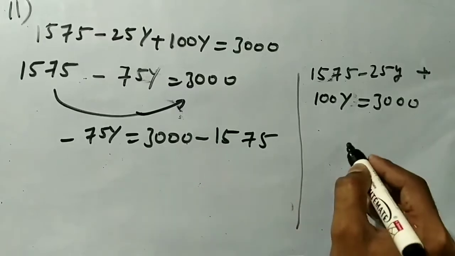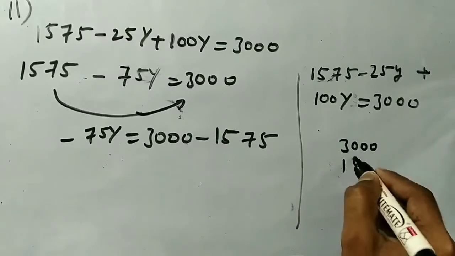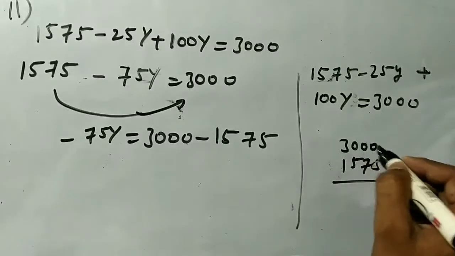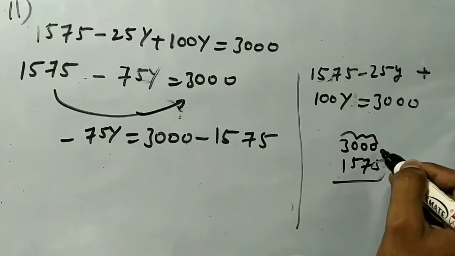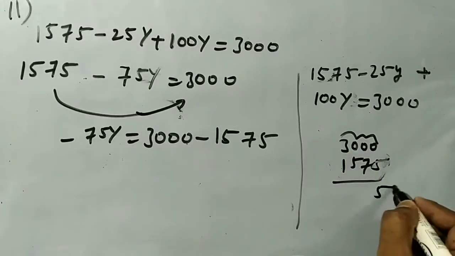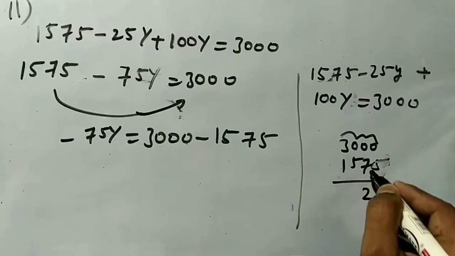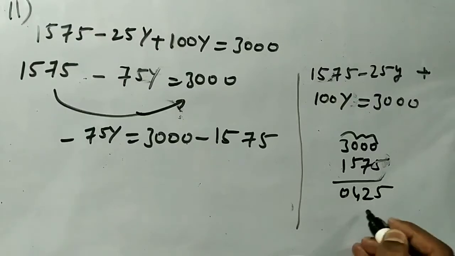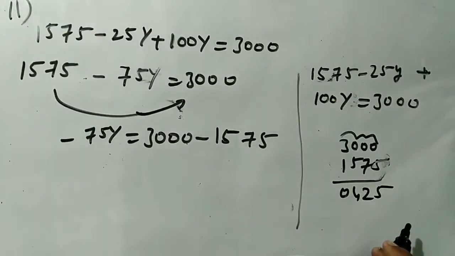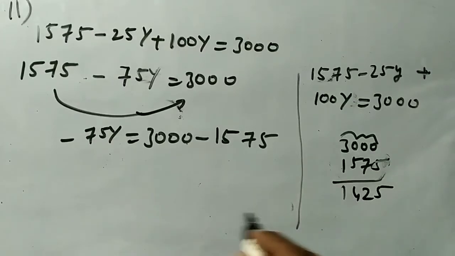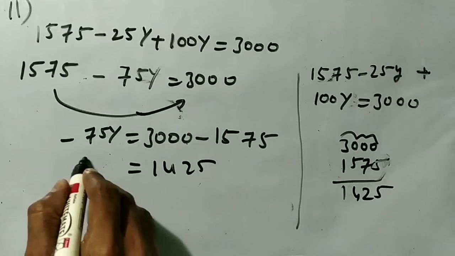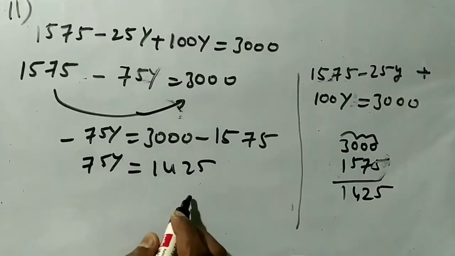So here we have to subtract 1575 from 3000: 10 minus 5 is 5, 9 minus 7 is 2, 9 minus 5 is 4. So we get 1425, that is equal to 75y.